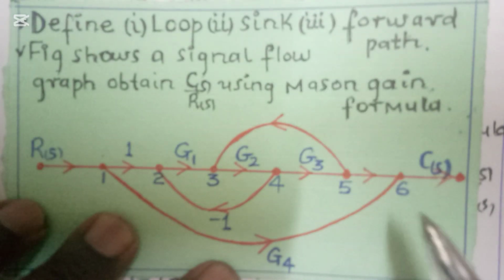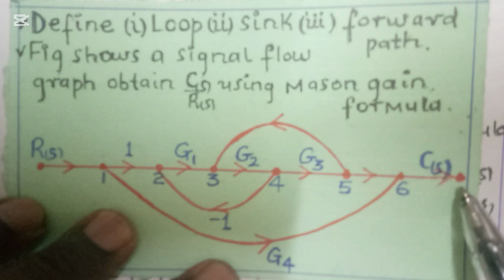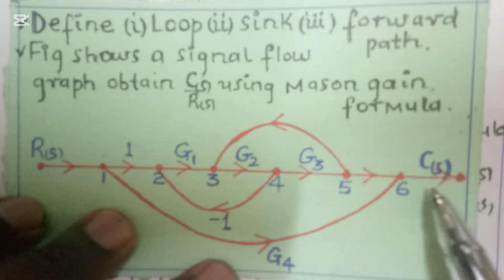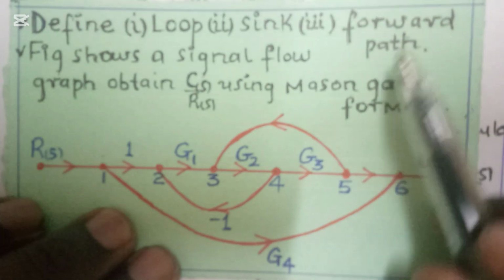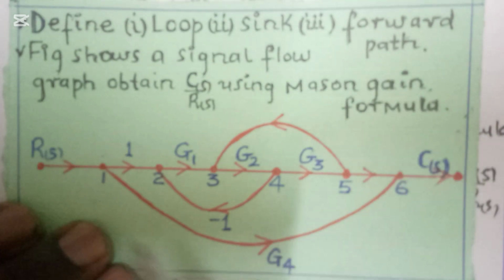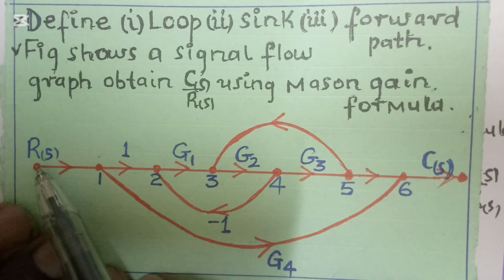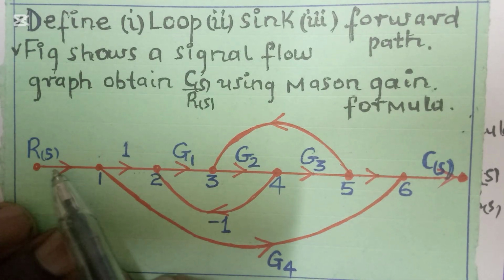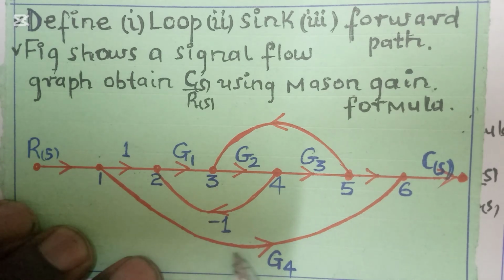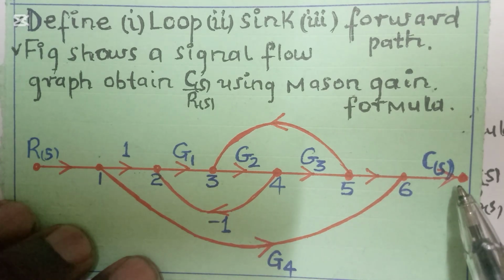Sink. Guys, as you can see, the sink is right here. It's actually a node that has only incoming branches. Then guys, we have the forward path. Forward path is actually this path from this R(s) up to C(s). You can also go through this G4 and then go to C(s).